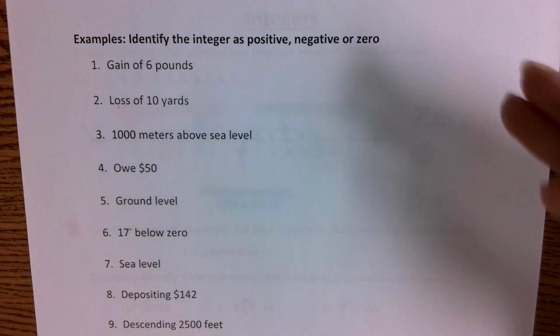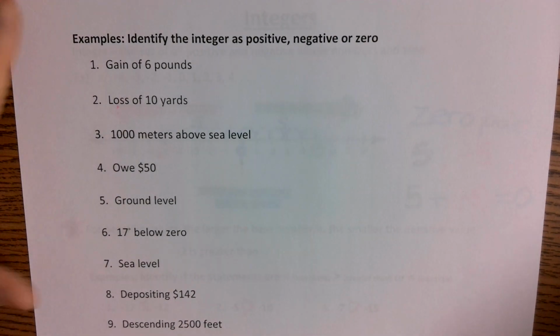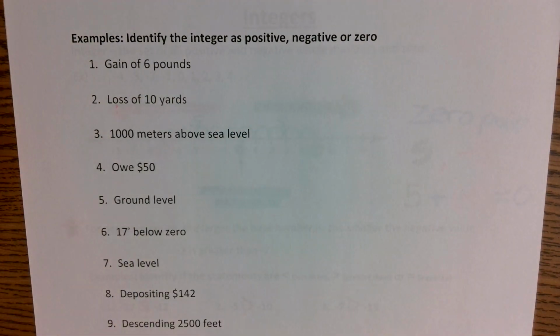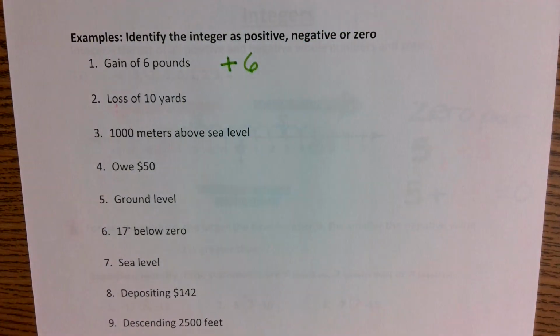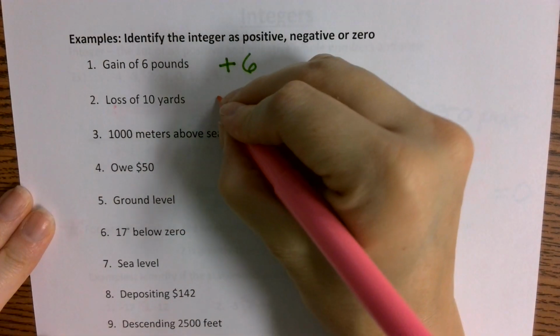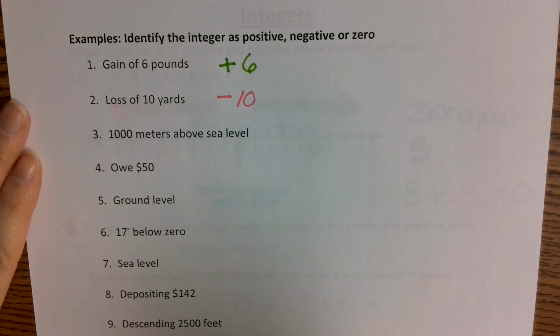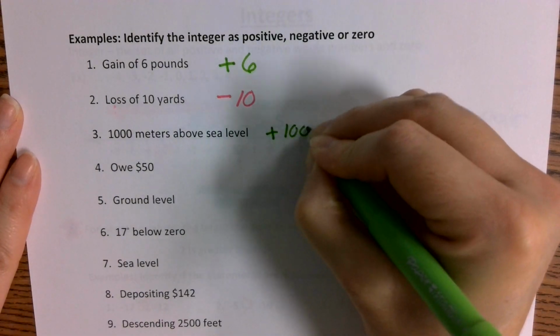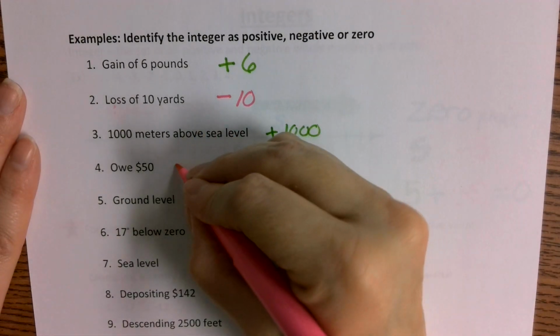We're going to go ahead and do this as a class whole. So I'm going to say out the statement. You're going to just tell me out loud, positive, negative, 0. So gain of 6 pounds? Positive. So we're going to go ahead and write plus 6. Okay, loss of 10 yards? Negative. 1,000 meters above? Positive. Negative.